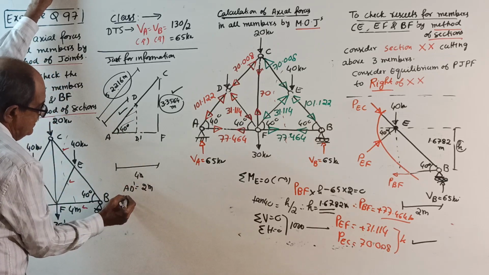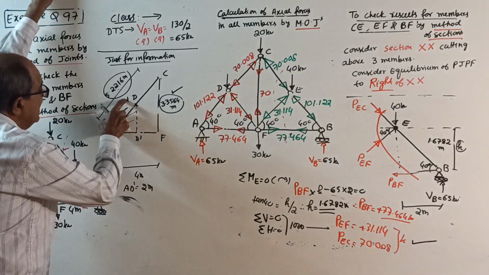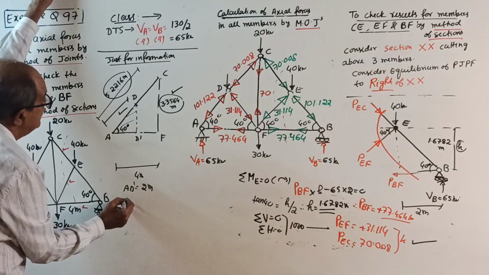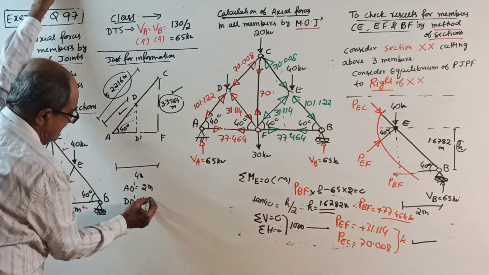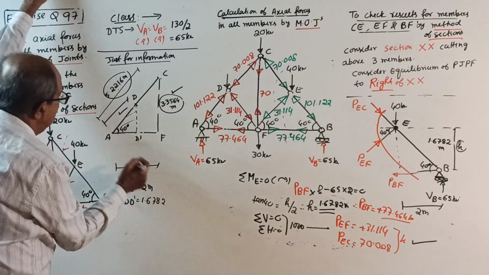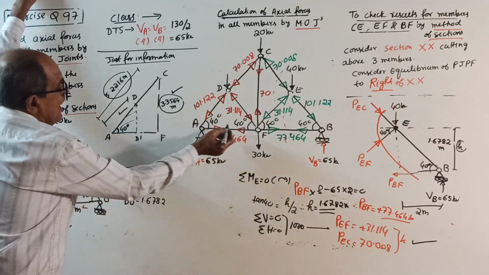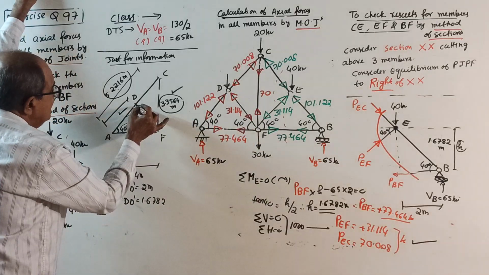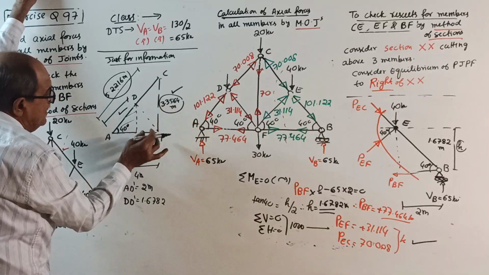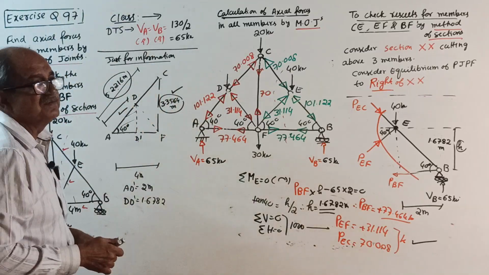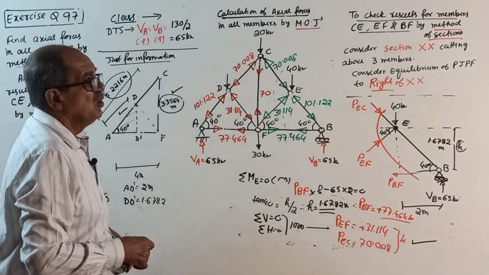And sin 40 equals this height by AD dash, DD dash will come 1.6782 meter. Then if this is 40 degrees, this angle is required. Tan theta equals this side by this side, it will come once again 40 degrees. Okay, now solve all this question, over.